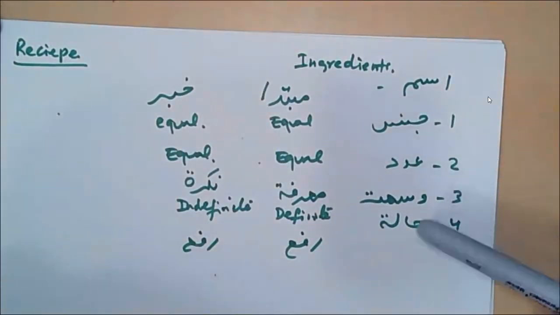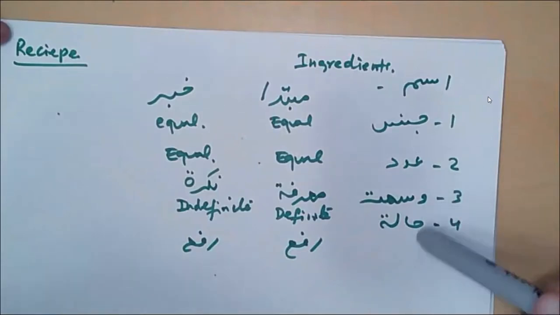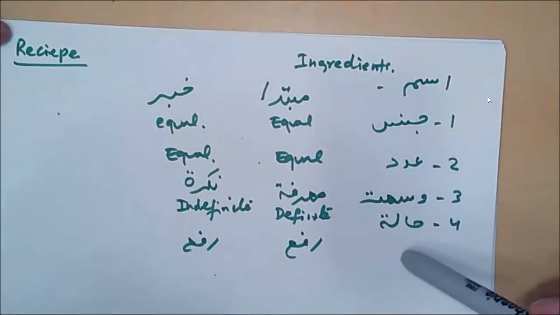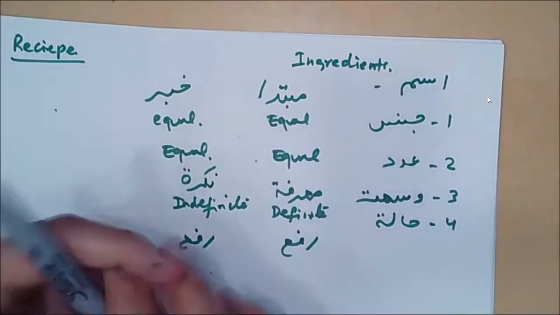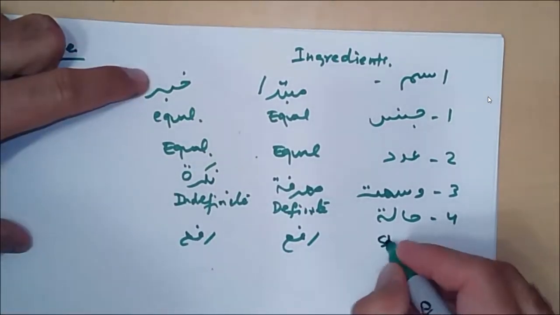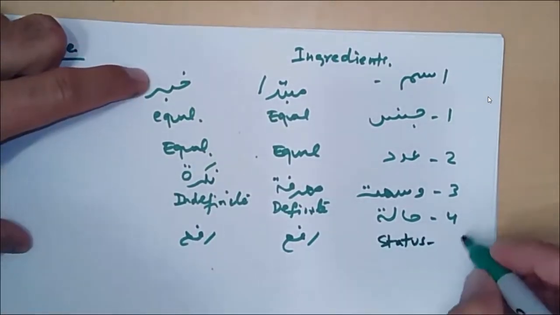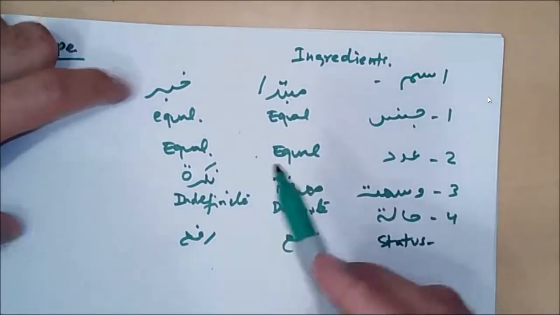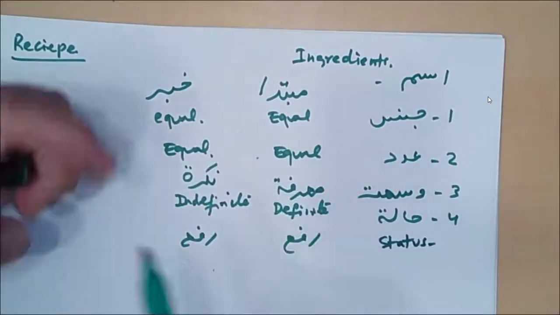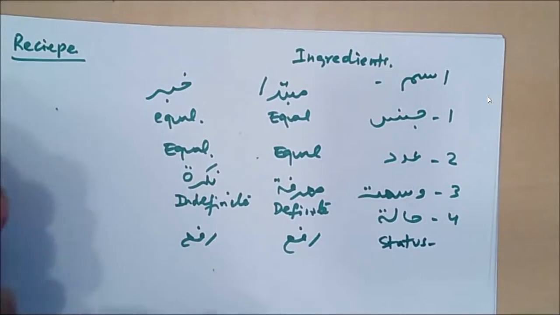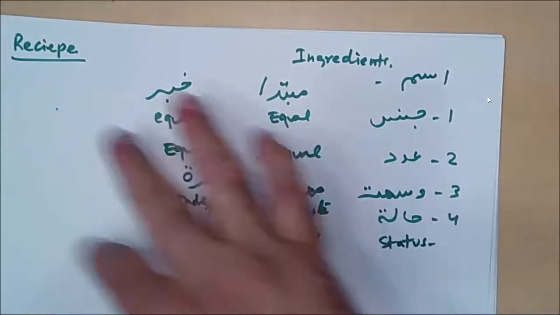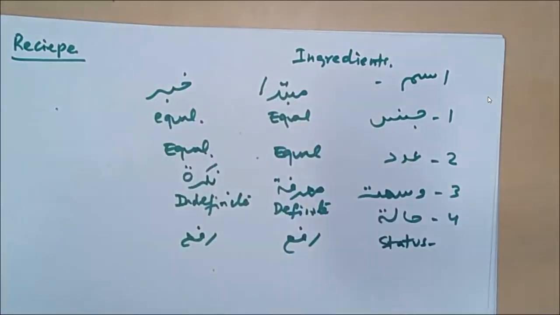The hala or status, yes. Hala is a status, right? So it will be only in rafa. Yes, both mubtada and khabar have to be in the state of rafa, only rafa. Now, inshallah, on the next page, I'm going to make an even cleaner diagram. So let's keep this for right now, right here in front of me.